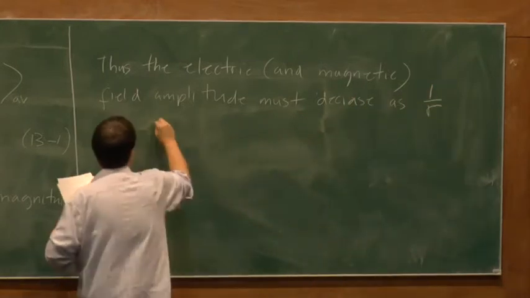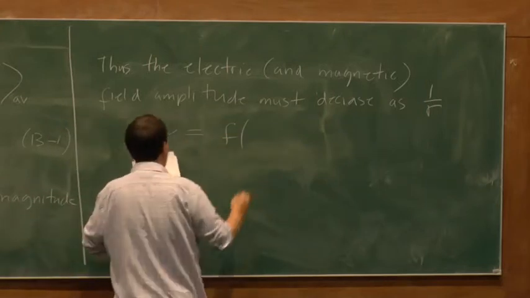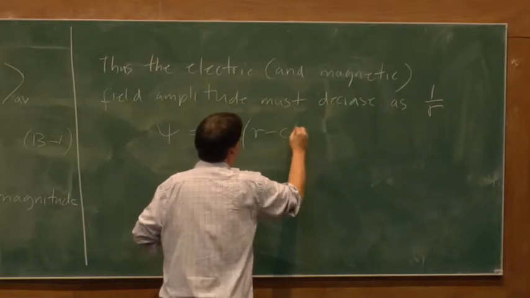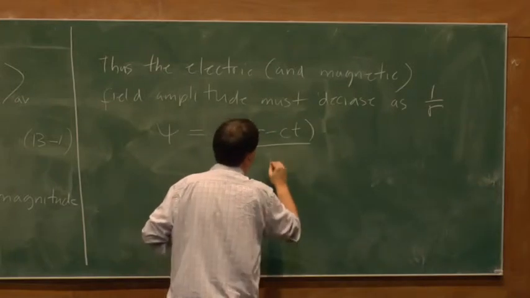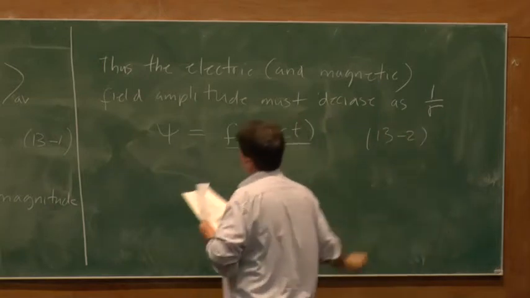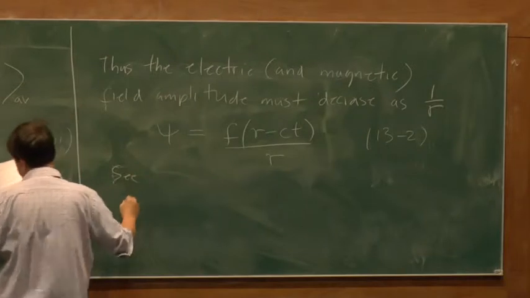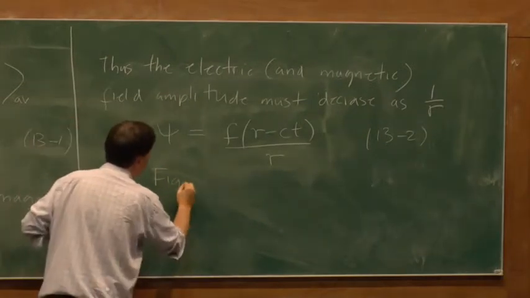In other words, our wave function that satisfies spherical waves is a function of r minus ct over r. And we'll make that equation 13.2. And this type of wave is illustrated in figure 56 of the course handout.